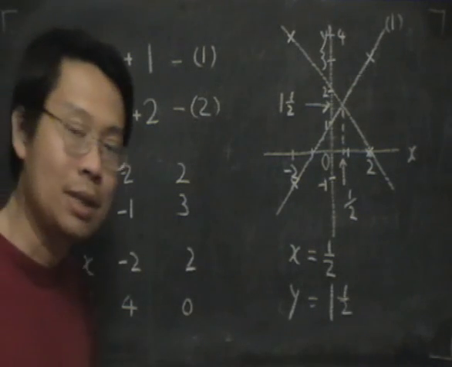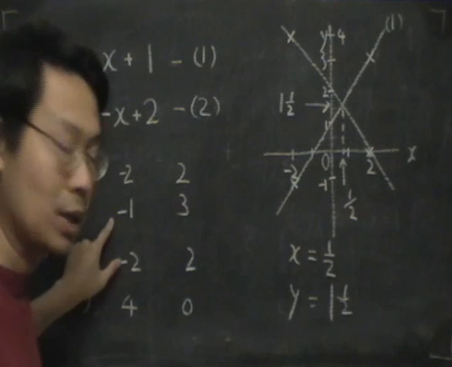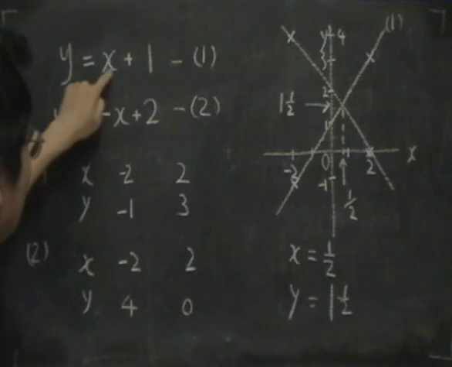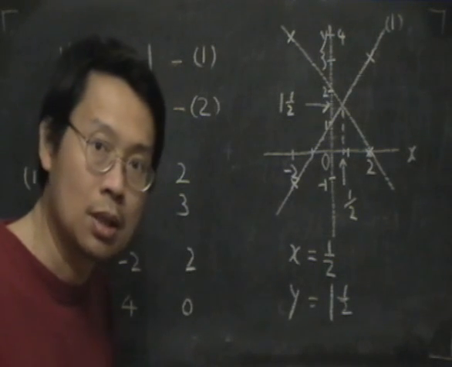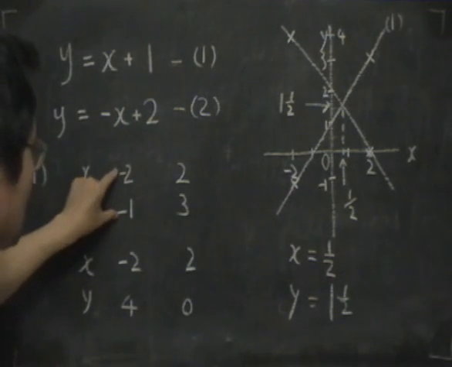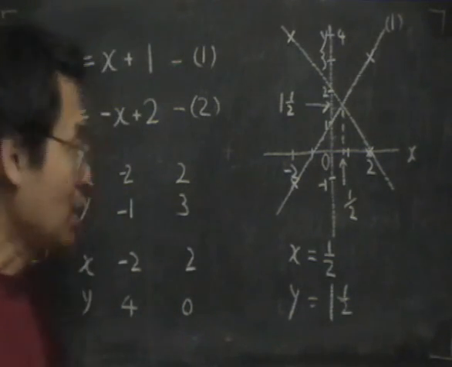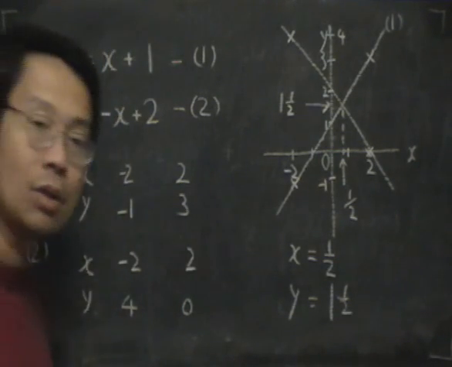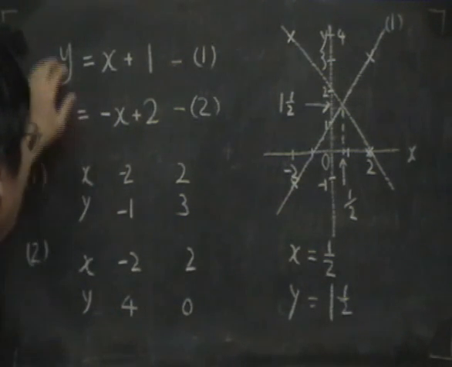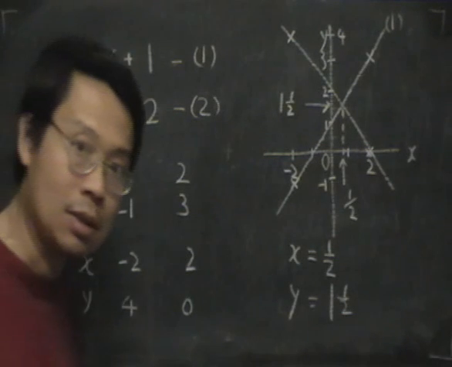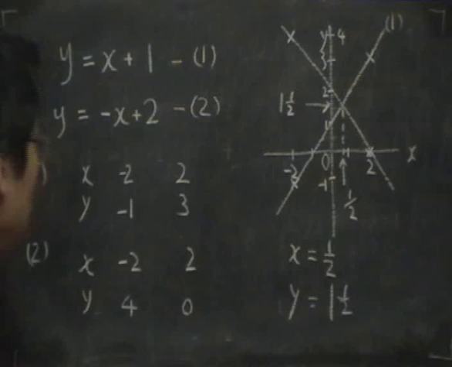So that means that this set of numbers, -2 and -1, if I put them back into the equation, the left side and the right side will be equal. So this means that this is a set of x and y that satisfies this equation. That's how we describe x and y. If they can make the left and right side of the equation equal, we say that it satisfies the equation.